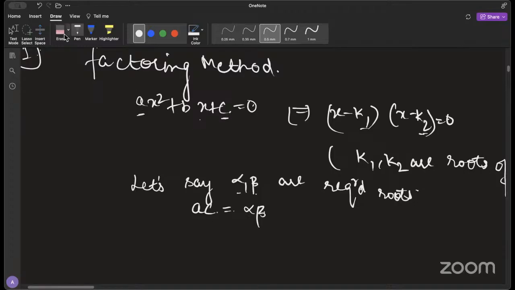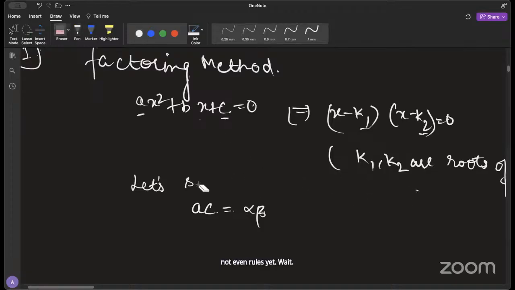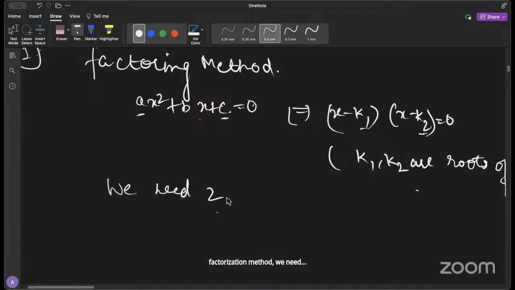Or actually, these are not even roots yet. We're trying to find two numbers. In this factorization method, we need two numbers, alpha beta, such that the product of alpha beta is equal to ac, a into c.